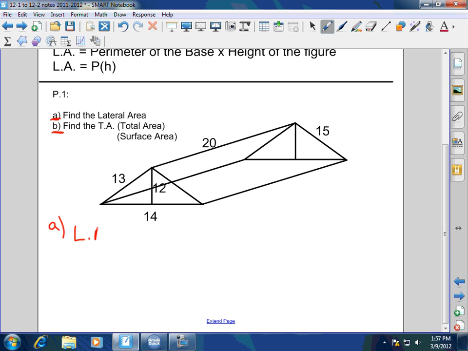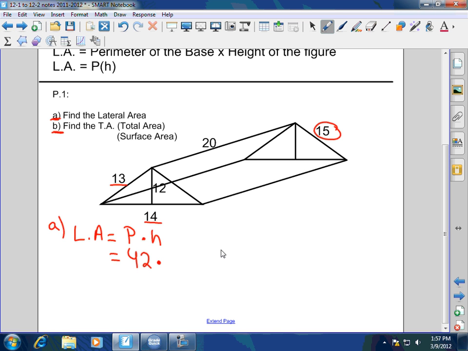Lateral area equals base perimeter times the height of the figure. What is the base perimeter here? Okay, think about it, guys. It's 14 plus 13 plus 15. So I've got 42 times, what's the height of the figure?